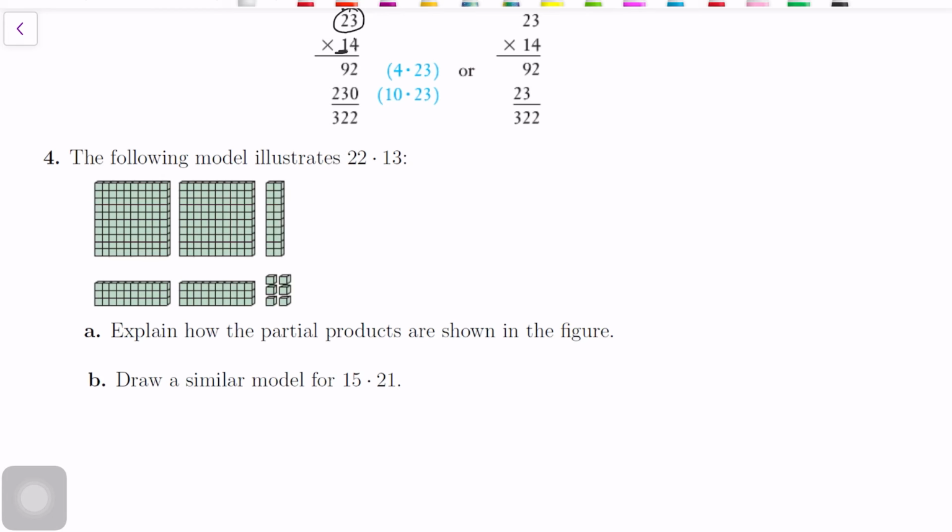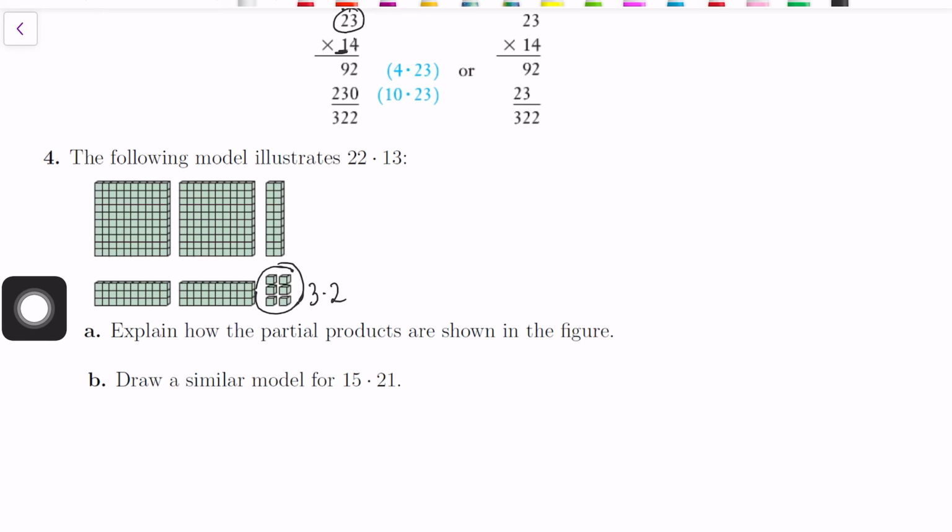So what they do here, they place 22 because they put 2 longs and 2 units on the bottom. But here what you see are 3 copies of it. So basically this is 2 units multiplied by 3, so this is 3 times 2.